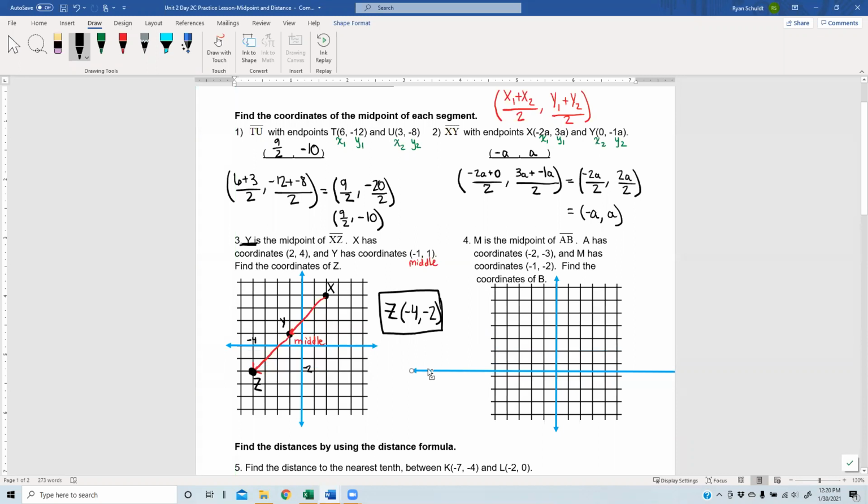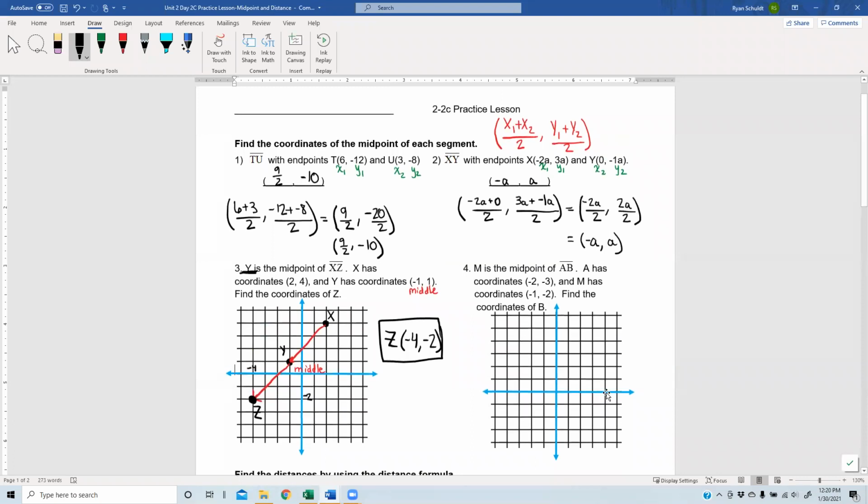Whoa there, what happened? Okay, we're just gonna have to be happy with that. So yes, it shifted down a little bit. Well, actually, let's fix that. There we go. Okay, so there's our axes.